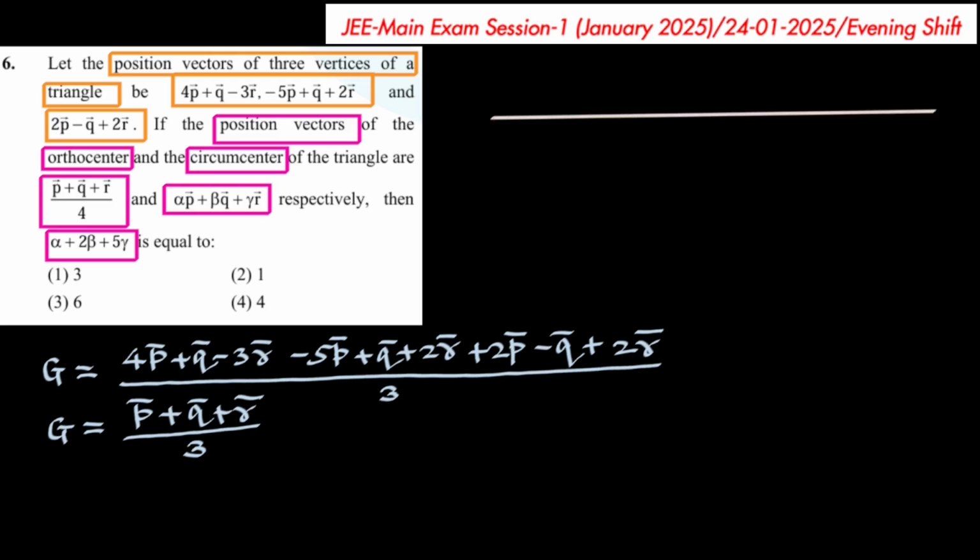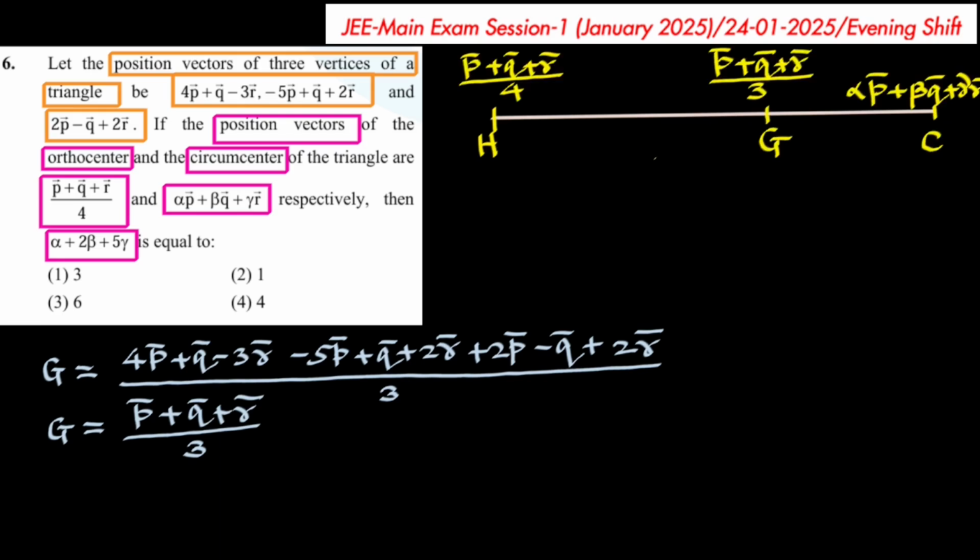We know that the orthocenter H, the centroid G, and the circumcenter C are collinear for an acute angled triangle, and the centroid divides segment HC in the ratio 2:1.